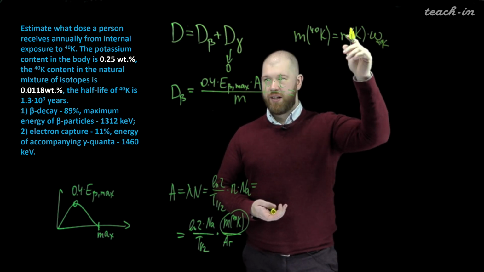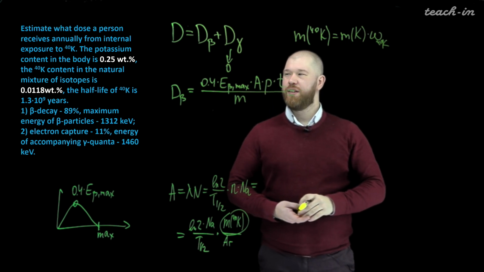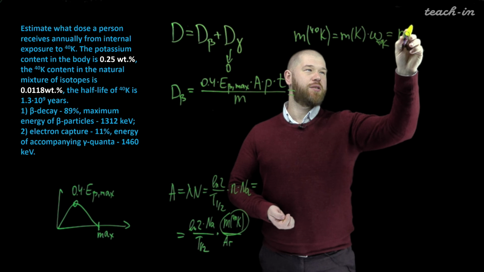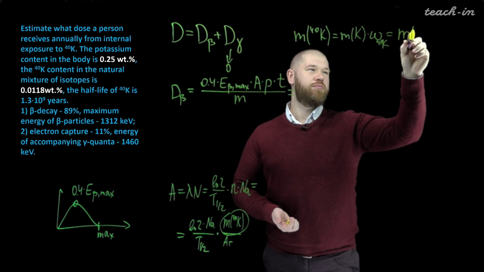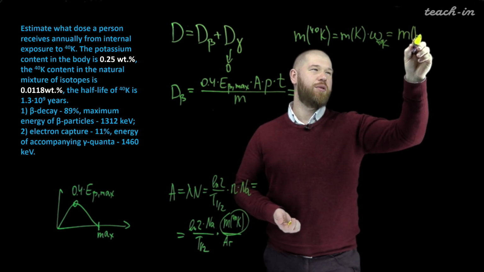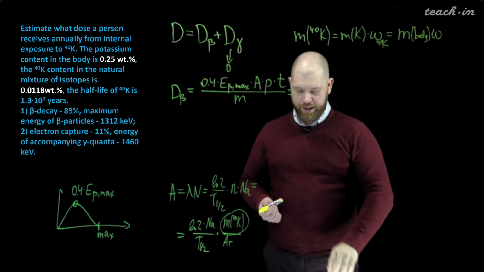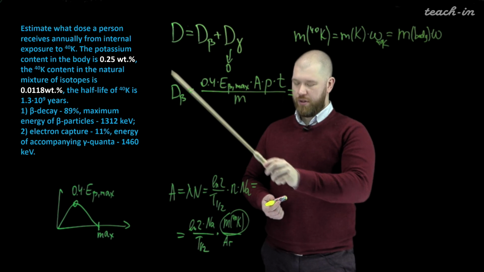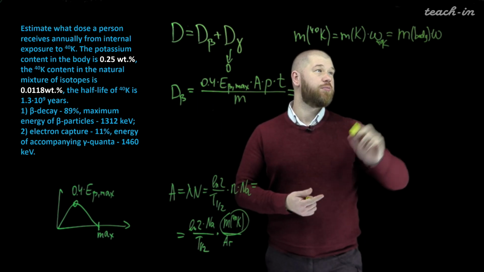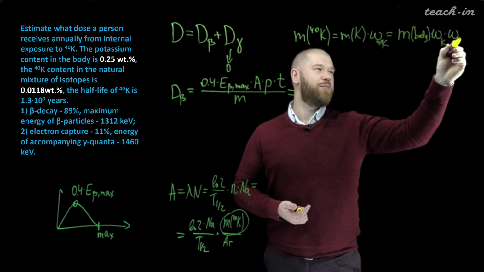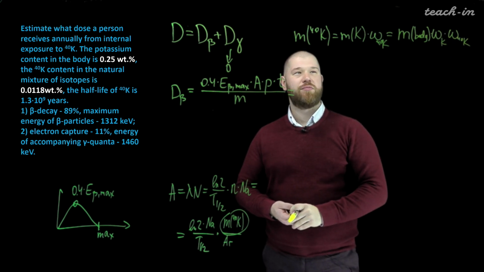And the mass of potassium, if we know its content in the human body, is the mass of the human body, just body, multiplied by the content of the potassium, the whole content of the potassium, and again the fraction of potassium-40 in potassium.